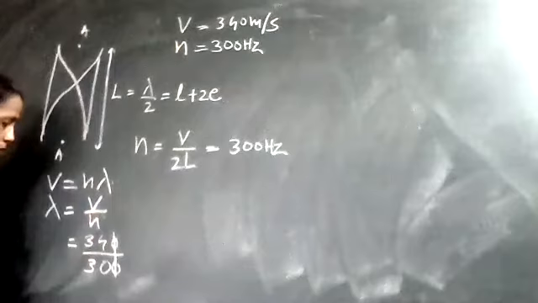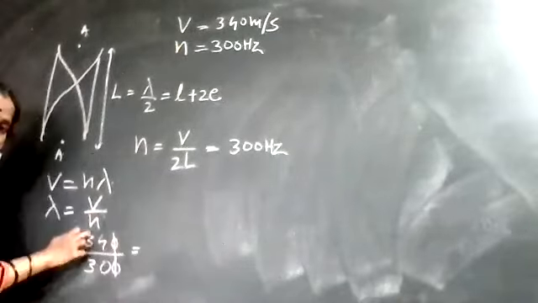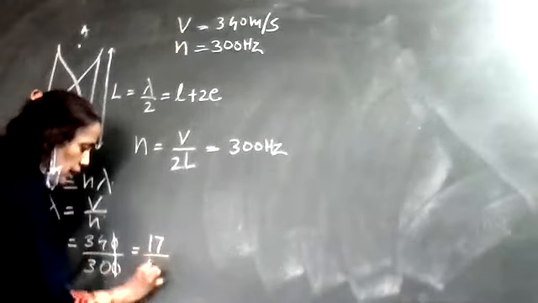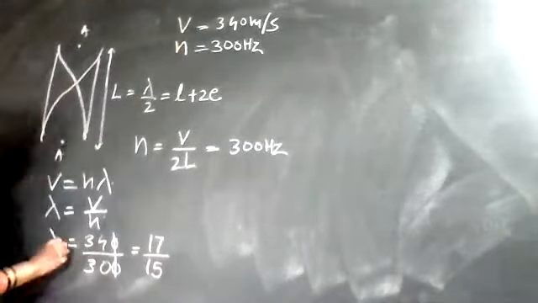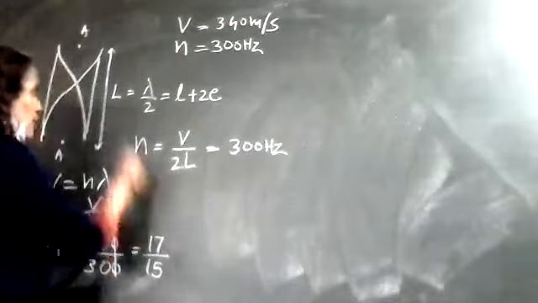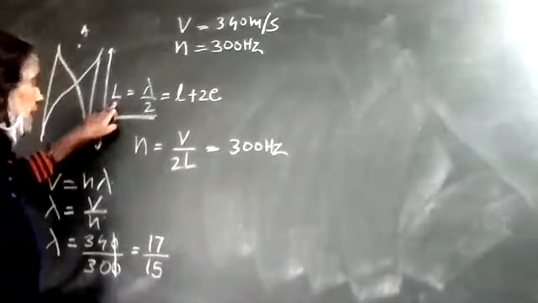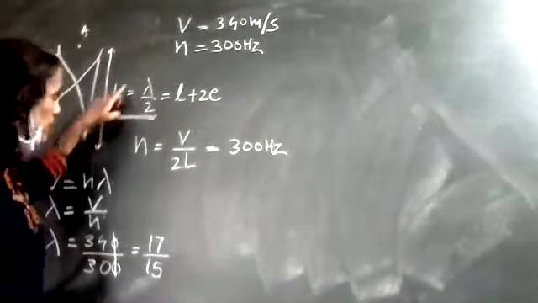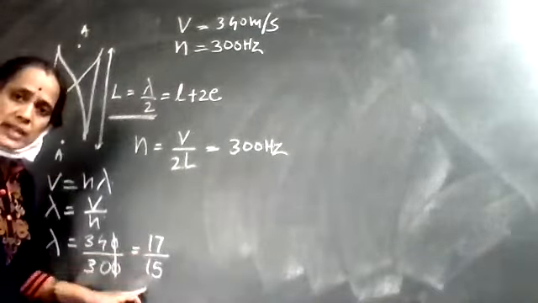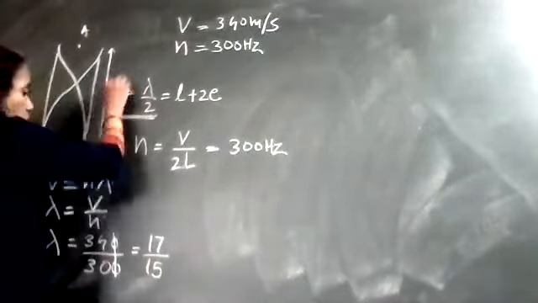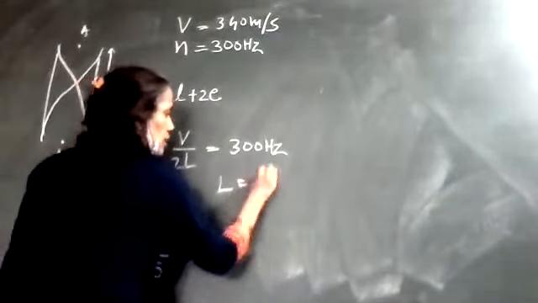One of the zeros will get cancelled, and both numbers are divisible by 2, so the numerator is 17 upon 50. That is the value of lambda. And you have a relation that the length of the air column is equal to lambda by 2. I am getting lambda as 17 by 50, so I can use this formula: L is equal to lambda by 2.